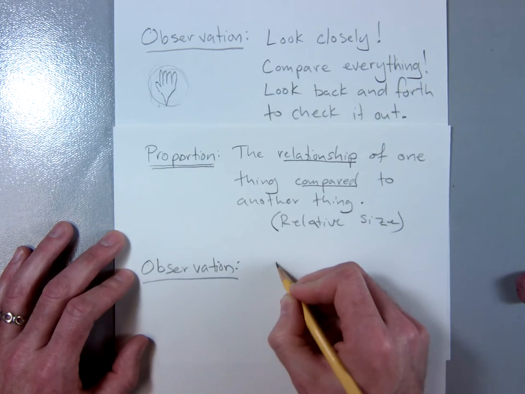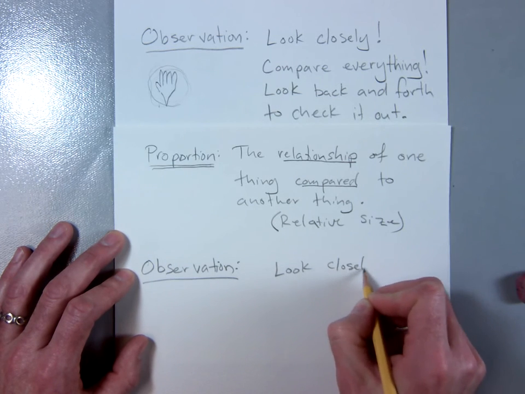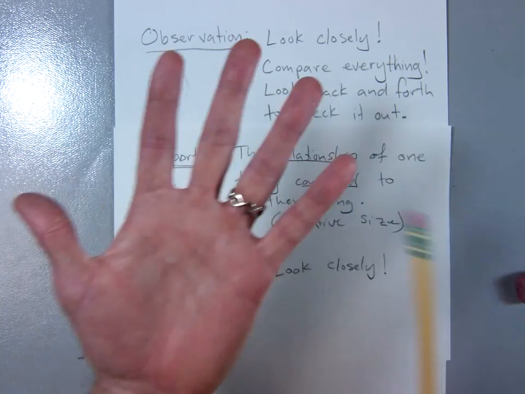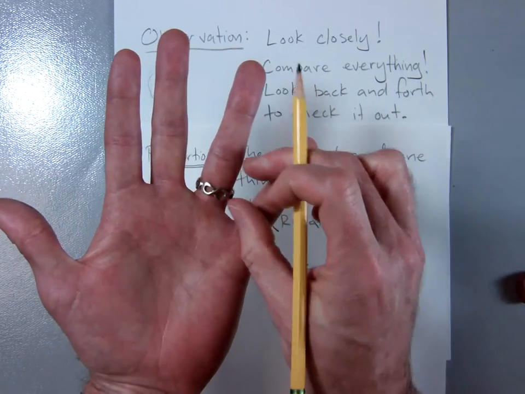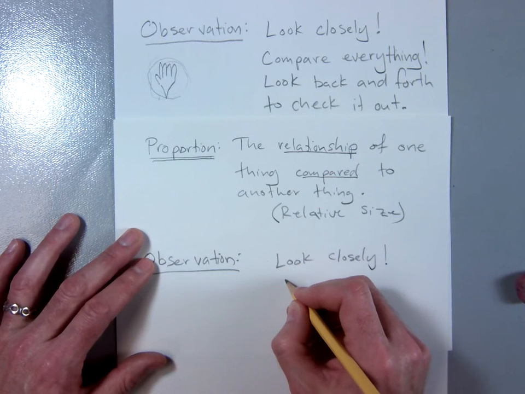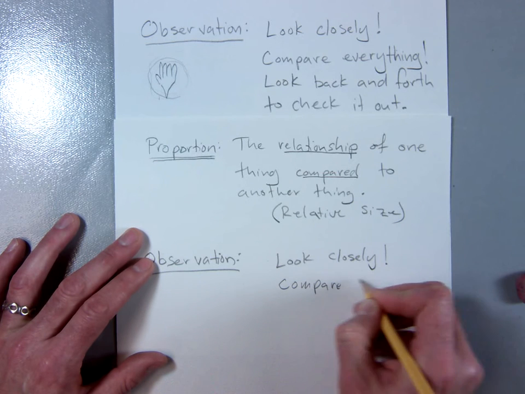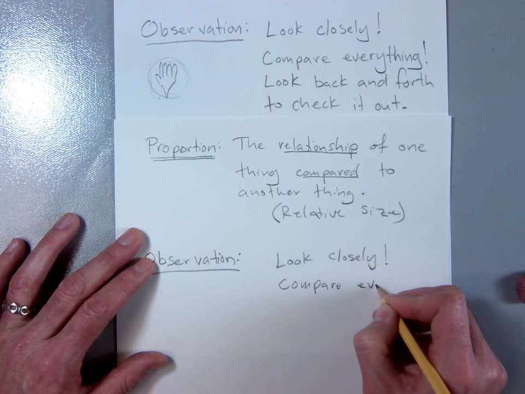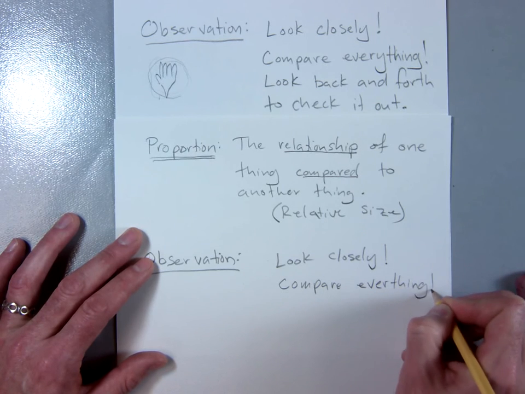Number one, you have to look closely. Looking closely means you're really closely looking at where the lines are, how big something is compared to the other thing. So you have to compare while you're observing. You have to compare everything, one thing to another, the next thing to that thing. Every part you have to compare.